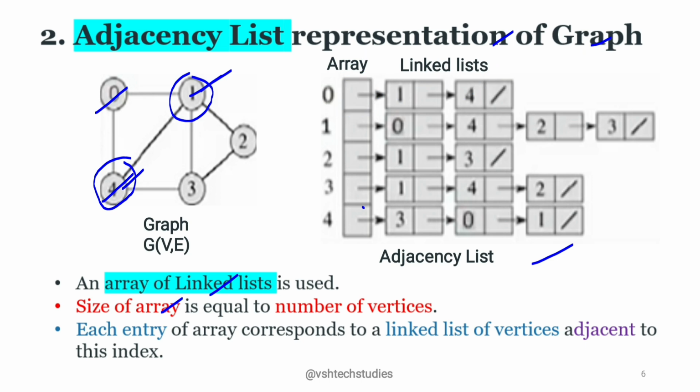Because this is the array of linked list, so linked list means this location with 0 index, there the address of this node is connected where data is 1. Then one more memory location is associated with this where the address of node with data 4 is stored, and it has one more memory location, where null is stored because further there are no adjacent nodes other than 1 and 4.